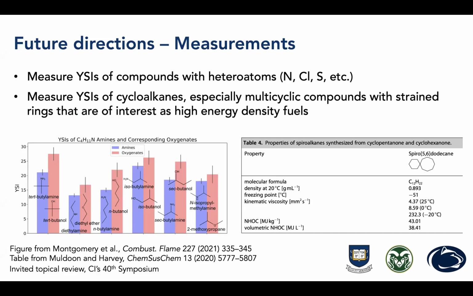And that's important because you get lower YSI, but you have higher heat of combustion, so they can be better than the oxygenated forms. We also would like to measure cycloalkanes. Multiple cyclic compounds with strained rings are now being studied as high energy density fuels.